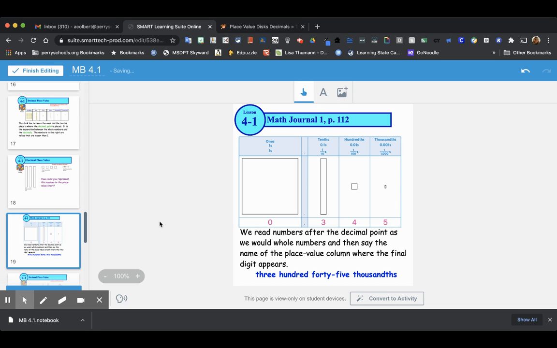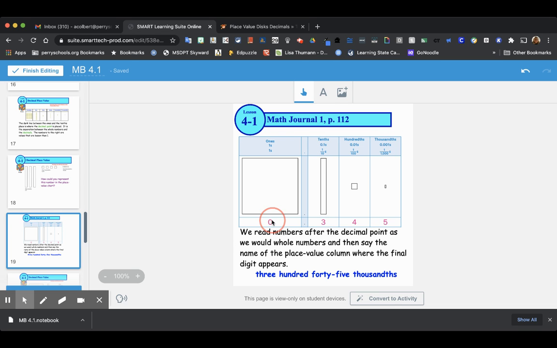We read the numbers after the decimal as we would a whole number. So you ignore each of these place values until you read the entire thing. So we see 345 as a whole number, but then we look up and see that it ends in the thousandths. So this would read as 345 thousandths.